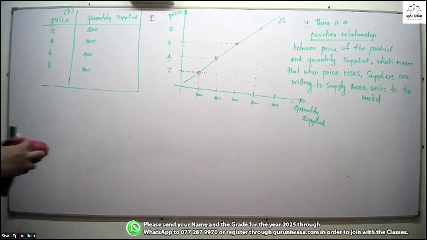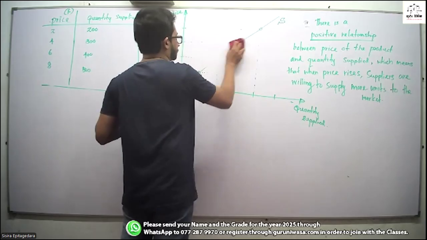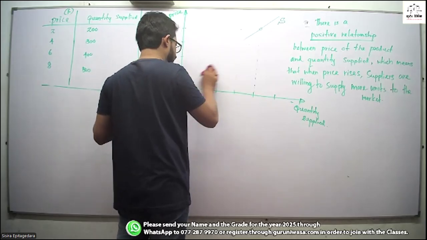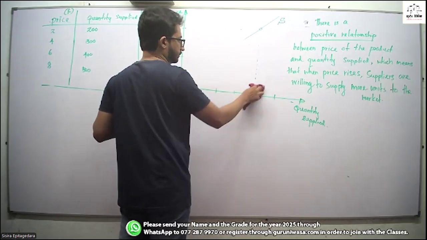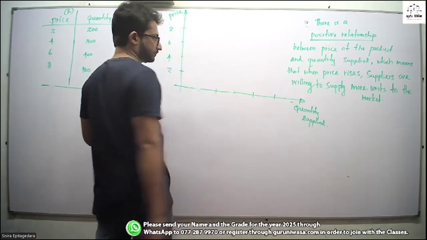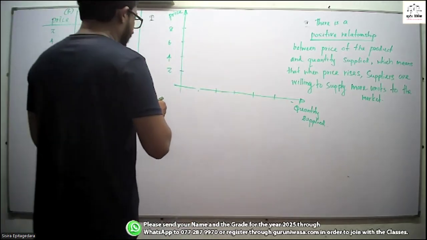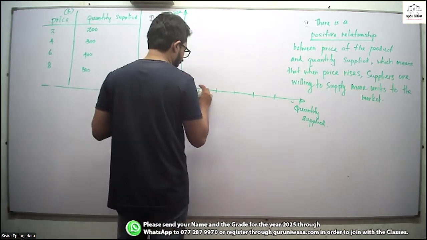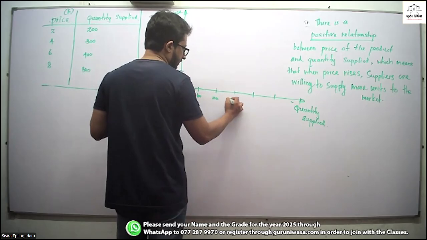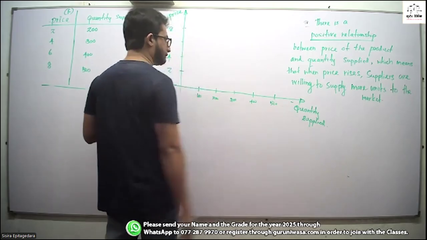So you can mark it as 100 by 100: 100, 200, 300, 400, and 500.